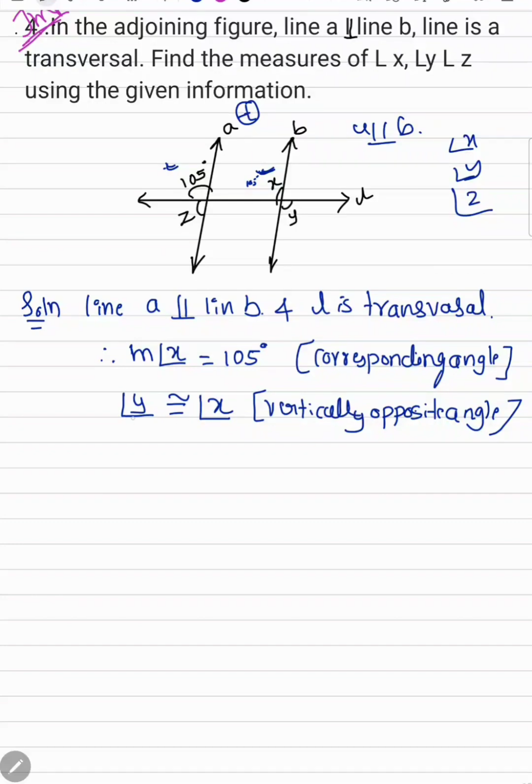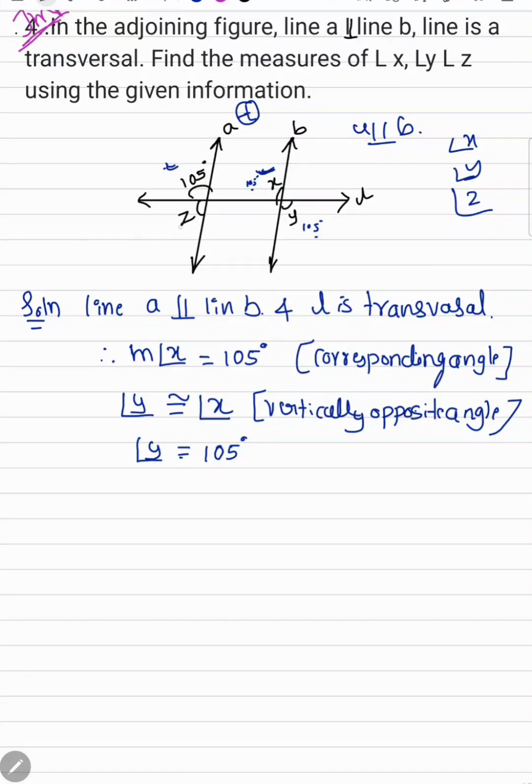So here it is also 105 degrees. Then also, measure of Y, vertically opposite angles are congruent. So angle Y is also 105 degrees.